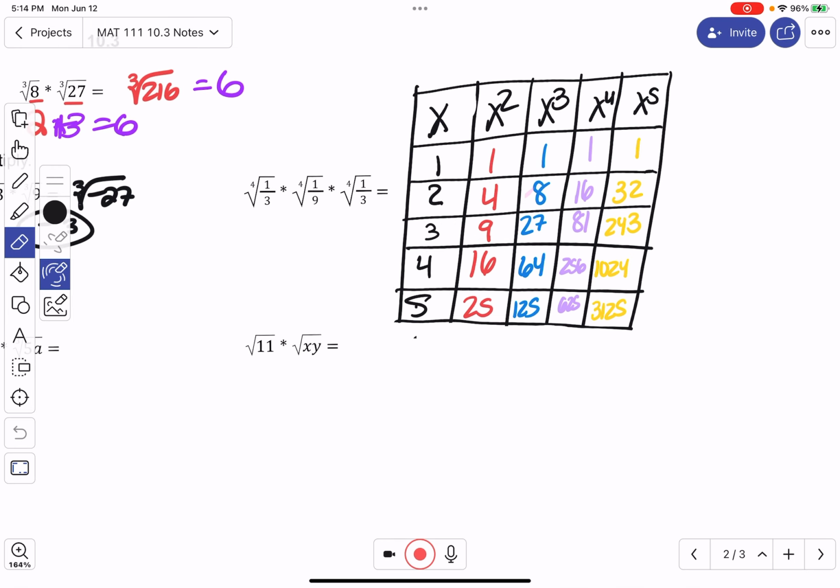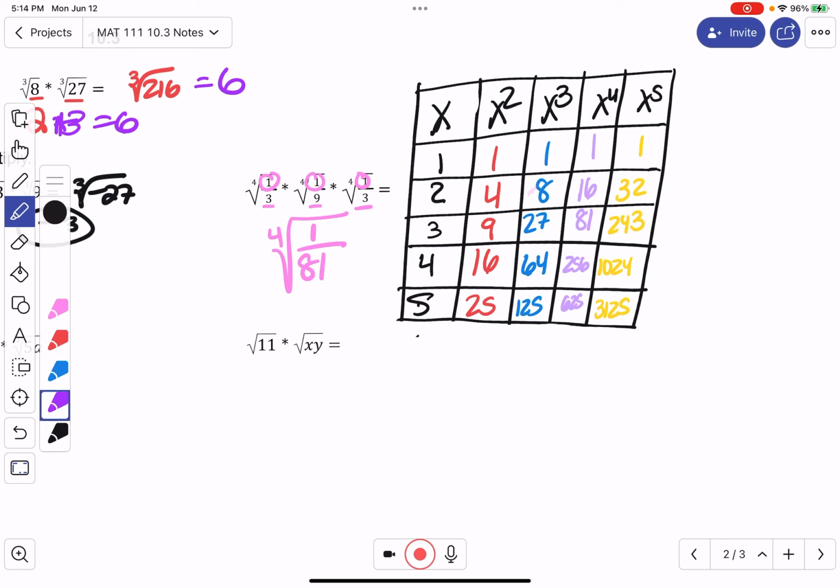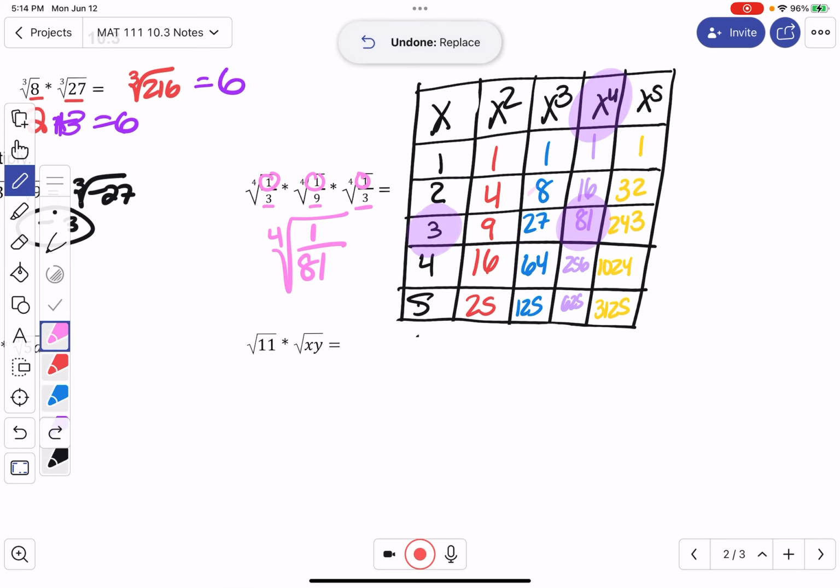All right. This one here, 4th root. So we're going to multiply. 1 times 1 times 1 is 1. 9 times 3 is 27. Times 3 is 81. We're going to do the 4th root of that. So 4th root, 81 is 3. So this would end up being 1/3.